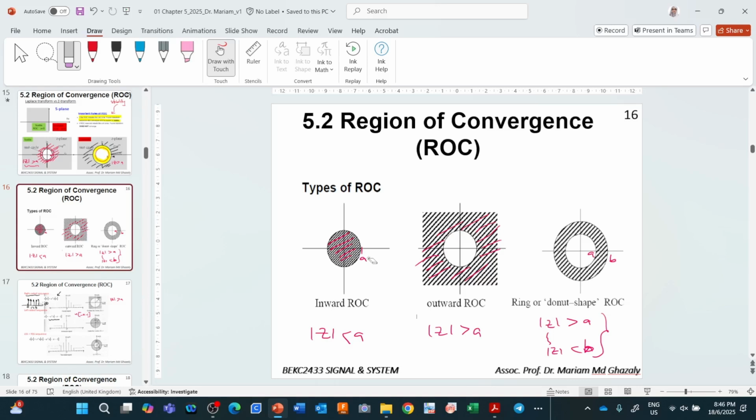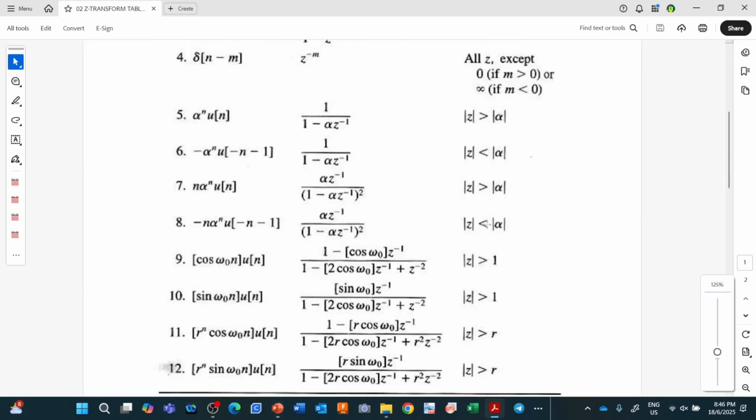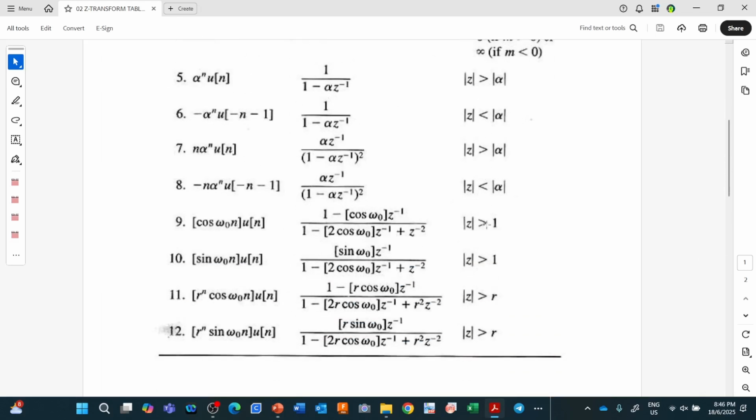Second, ROC is inward type. So inward type is when you have this type of ROC. If you look at the table, which one shows Z less than alpha? Equation number 6, right? Equation number 6 is given by minus alpha u[-n-1] and so on.